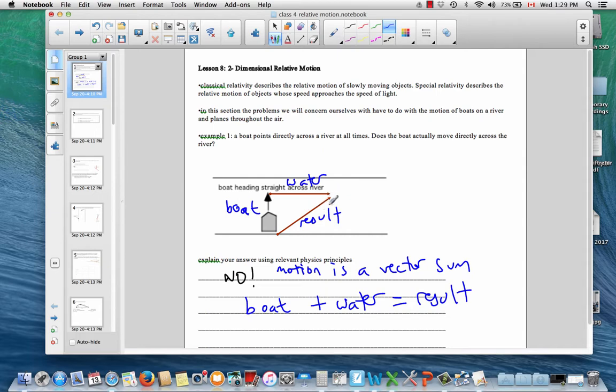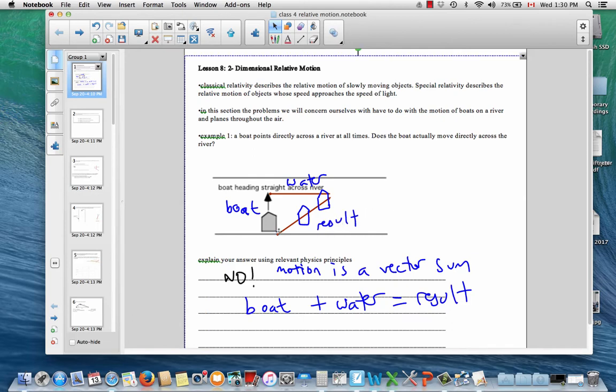Now, as it's moving, let me just pull this over a little bit. The boat still points in this direction, right? The nose of the boat is still going like that, still going across stream. But the water moves it sideways. And so that's the resulting motion along that track right there.